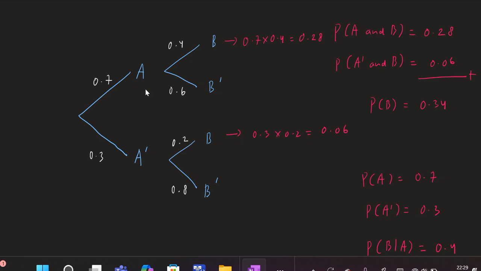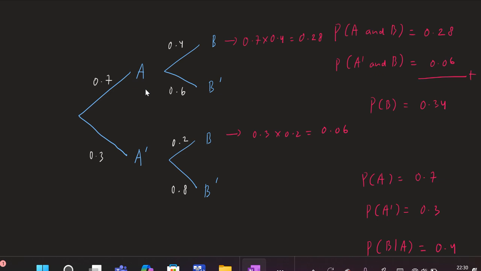If I have the probability of A and B, so that's the event, and then the probability of A prime and B, those two give me the probability of event B happening.